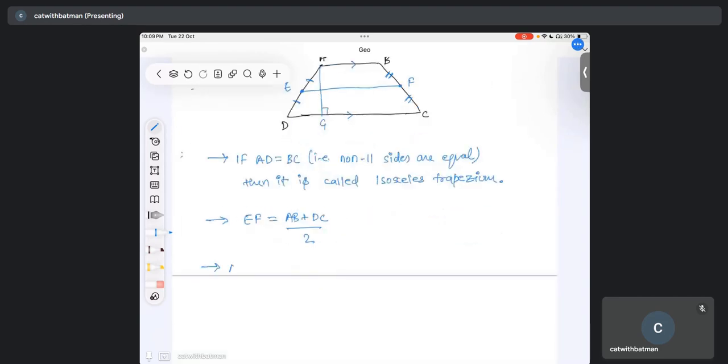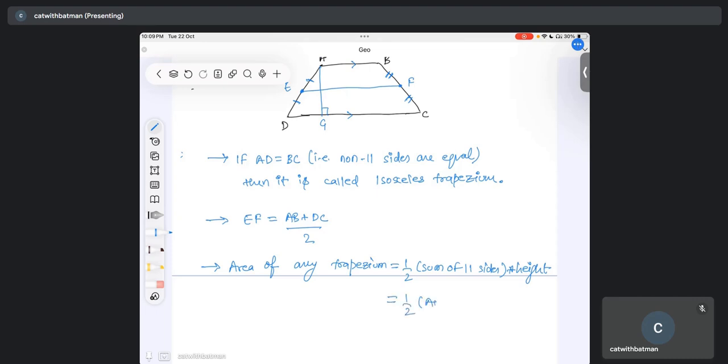Now, the area of any trapezium can be given by half into the sum of parallel sides multiplied by height.